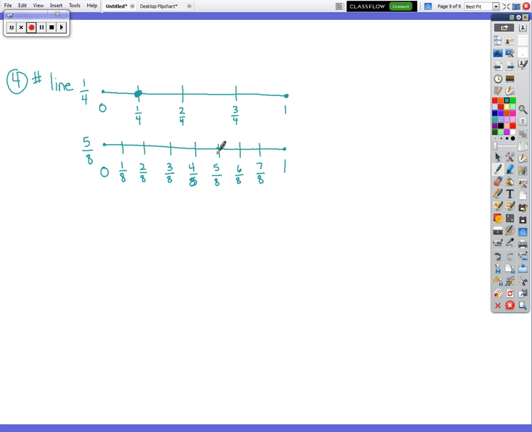Here's my 5/8. By looking at the number lines, I can see my 5/8 is over here and my 1/4 is over here. So 1/4 is still less than 5/8.